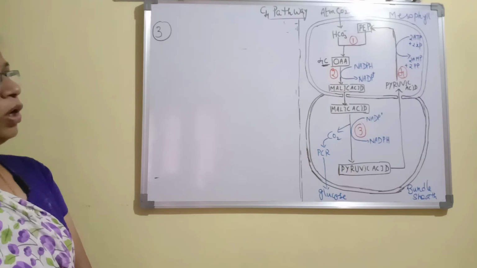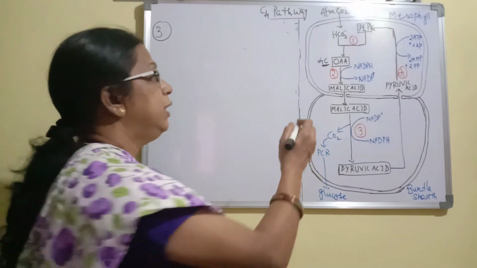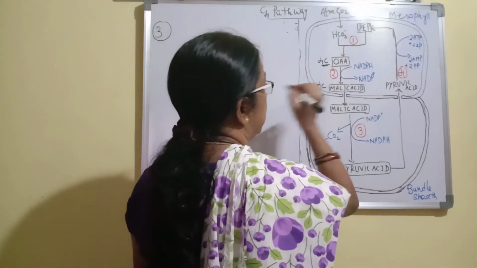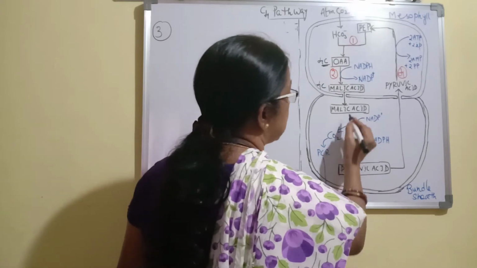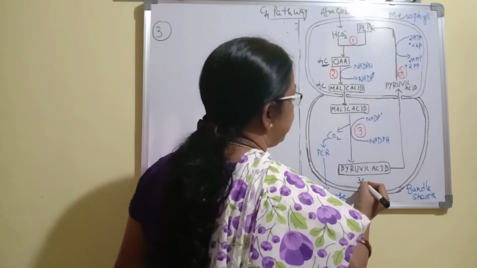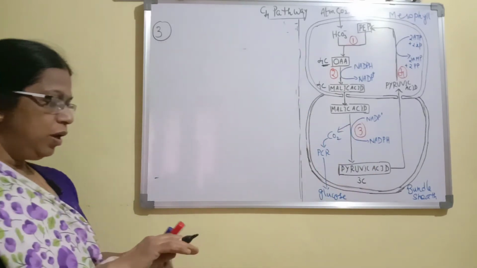Both oxaloacetic acid and malic acid are 4 carbon compounds, and now it is converted to pyruvic acid, which is a 3 carbon compound.